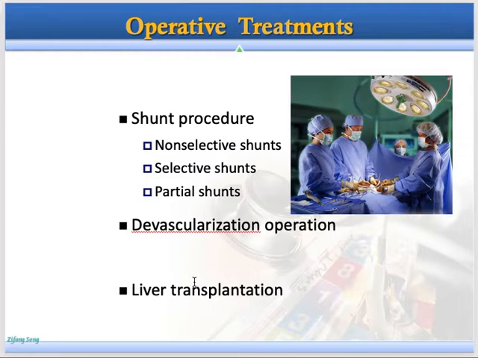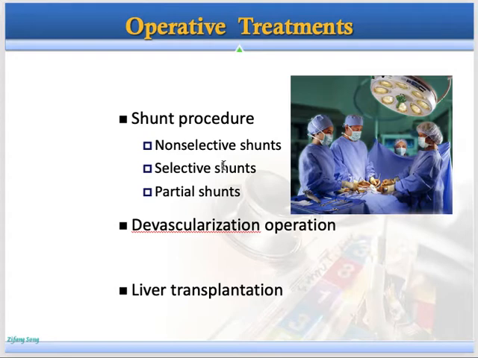Okay, before explaining these things more, I want to tell you that nowadays these shunt procedures are not done much because TIPS was introduced in the 1980s. After that, for the last 30 years, we don't have to do the open surgeries because TIPS is a less interventional thing which you can do.